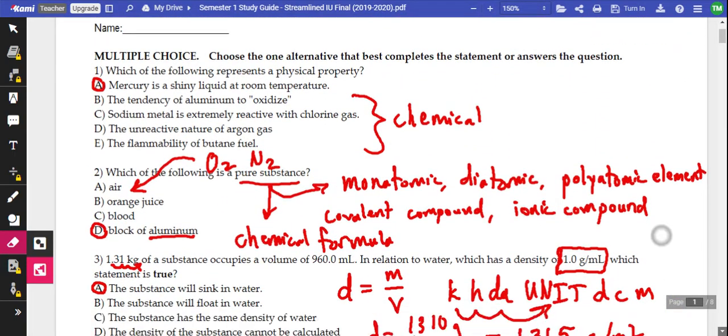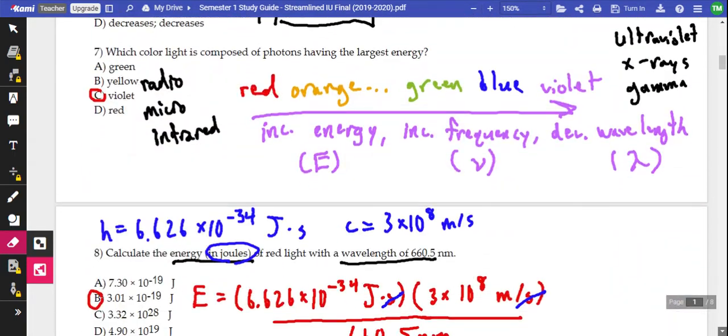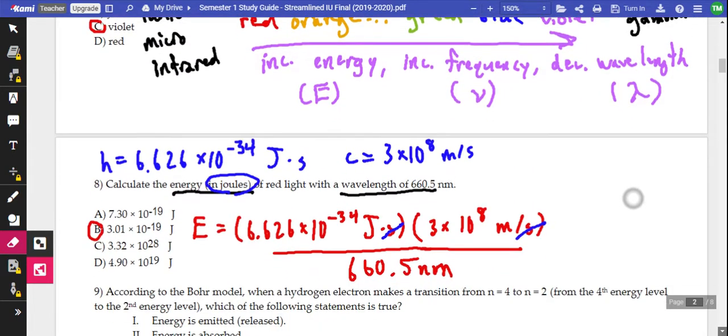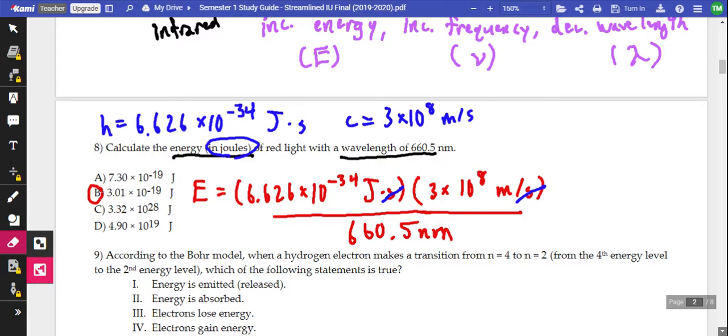Things like that would be good to commit to memory. The order of energy of the electromagnetic spectrum would be pretty good to memorize. And again, our prefixes for common metric stuff. So kilo is common, centi is common, milli is common, and nano is common.